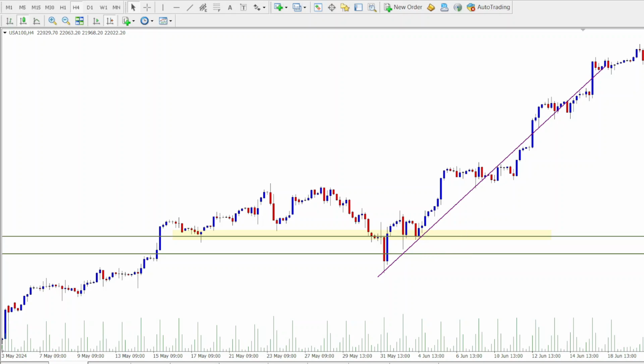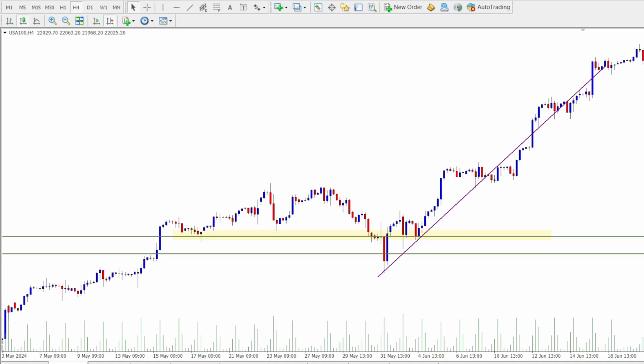Retail traders see a support level holding and jump in, while smart money traders wait for a stop hunt below support before taking a trade. So this is a game changer. If you wait for liquidity grabs instead of reacting to obvious levels, you will enter at institutional price points instead of getting trapped.